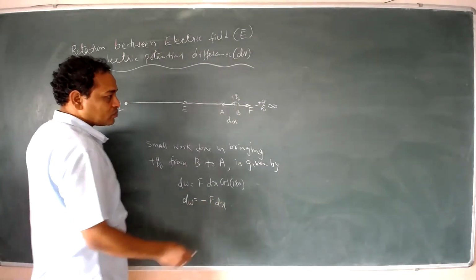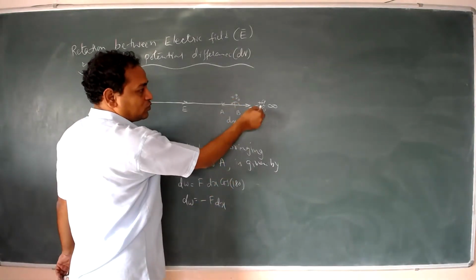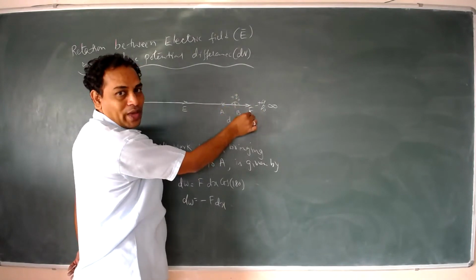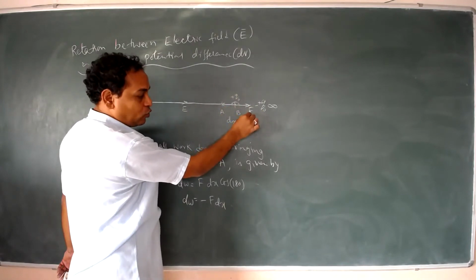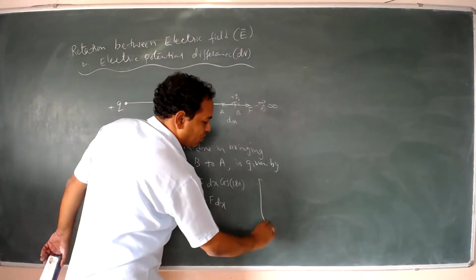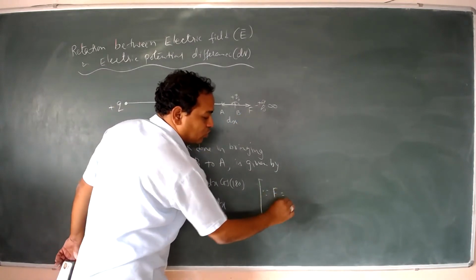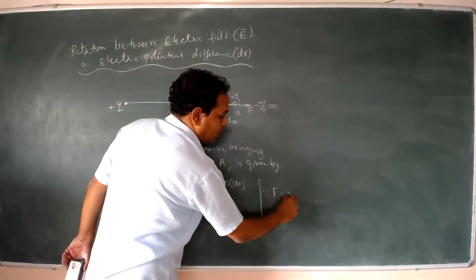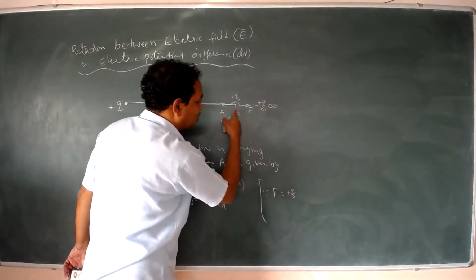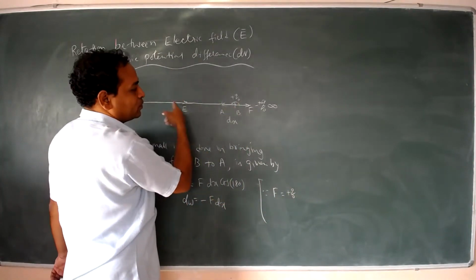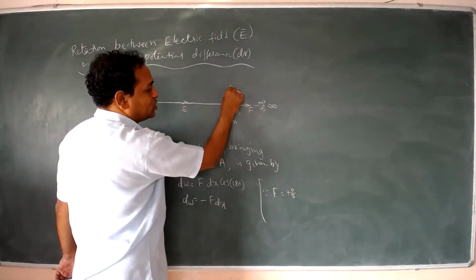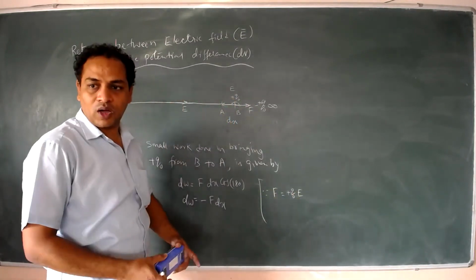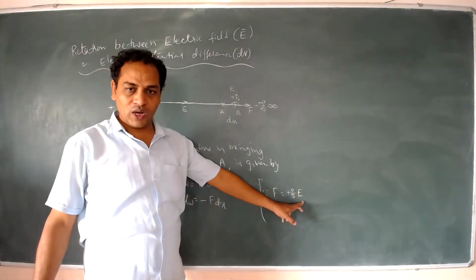Now, when you brought a charge from here to here, when the charge is at this point, a force is acting at this point. What is that force acting on it? Since we know that force is equal to Q into E, here Q is nothing but plus Q naught, and the electric field at this point is E. Force is equal to charge into electric field.